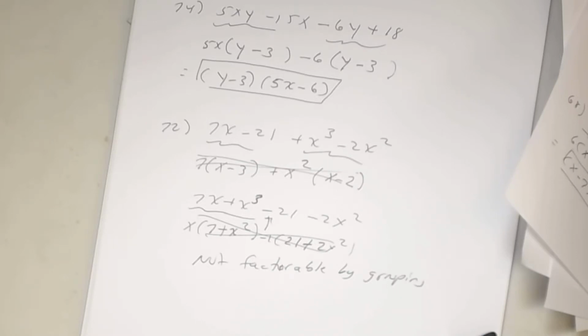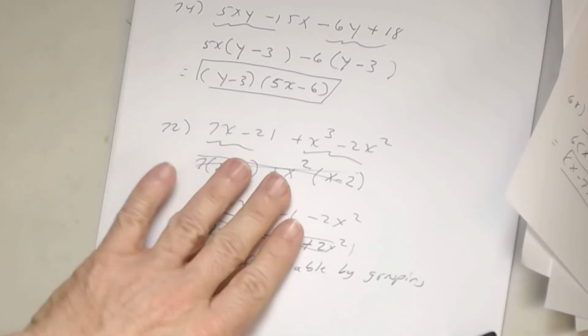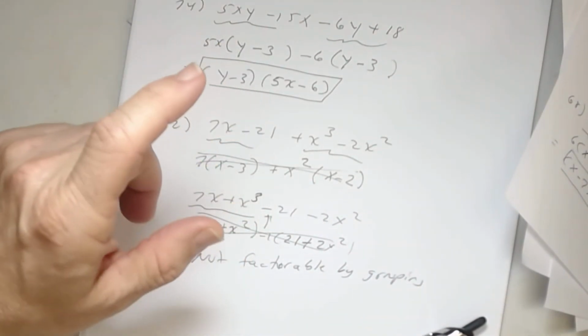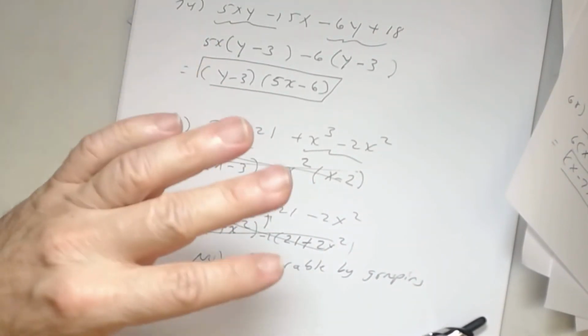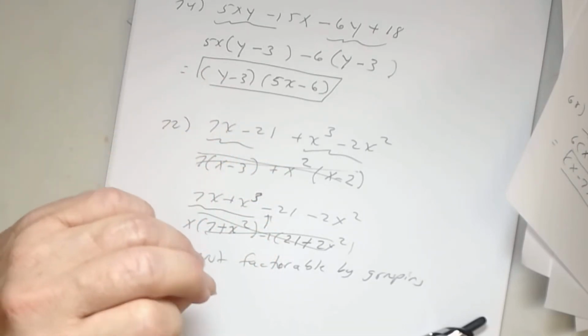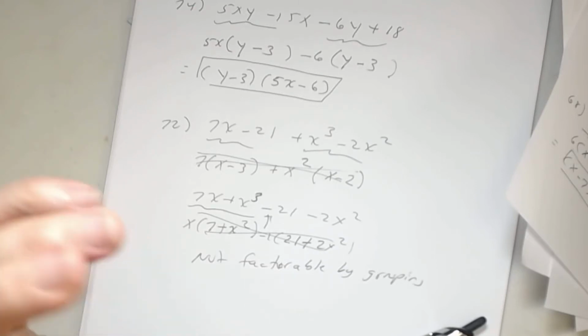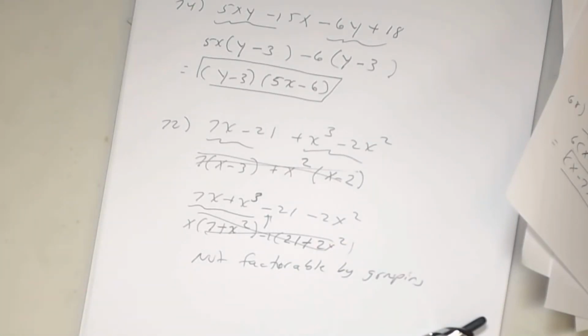That's in college algebra. That's not in here. So at this point, you just say not factorable by grouping. I don't know if there's any on my math lab that's like that. I'm not going to have one on the test or a worksheet, but at some point, when we do the trinomials, there are going to be some that are prime. And we're going to talk about the word prime when we get to it.